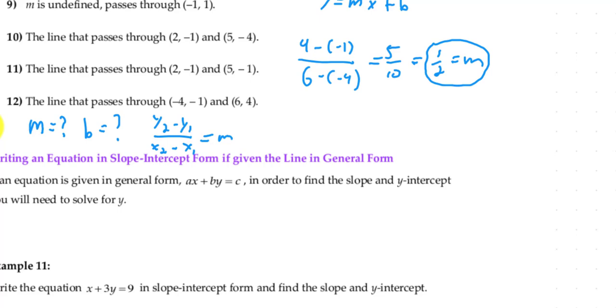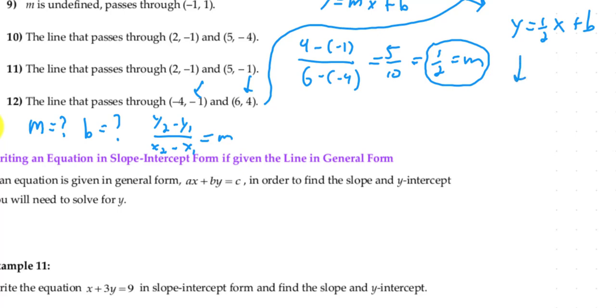So if I were to write y equals 1/2 x plus b, we can sub in either of these 2 points, either this one or this one, into my x and y. So my x is the 6 and my y is the 4. So I'm going to write 4 equals 1/2. My x was 6 plus b.